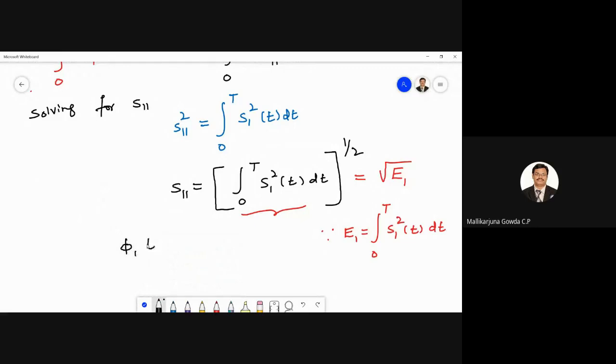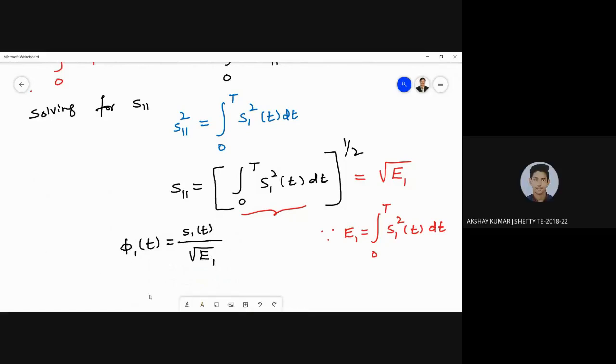We have written already, it is S1 of t divided by S11, yes or no? Yes, pi 1 of t is S1 of t divided by S11. Now I can substitute S11, which is nothing but root of E1, that is the energy of the signal S1 of t. Is that fine?